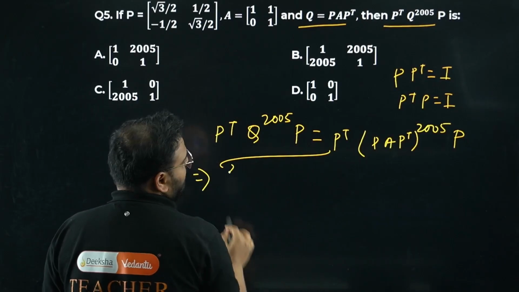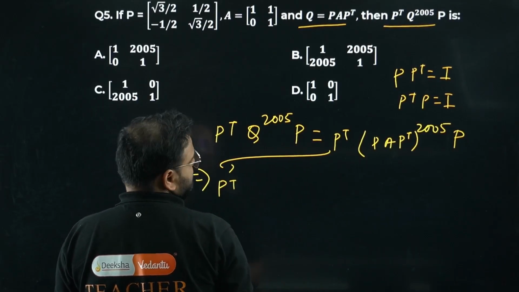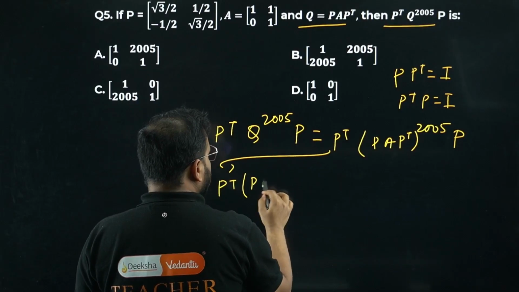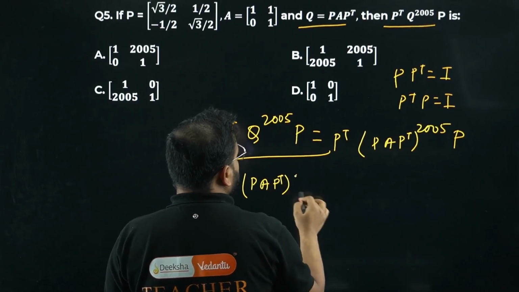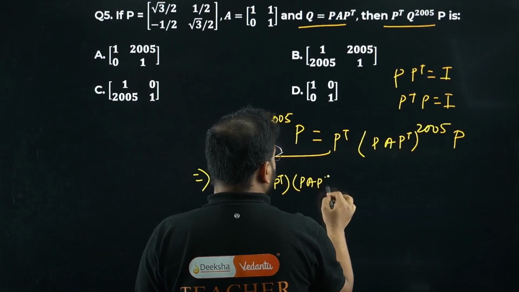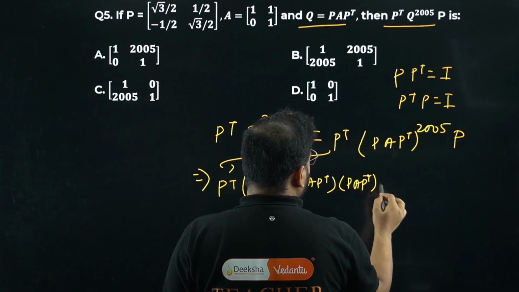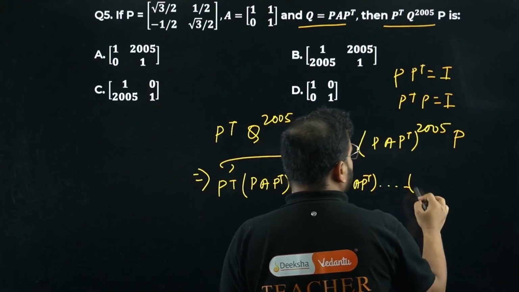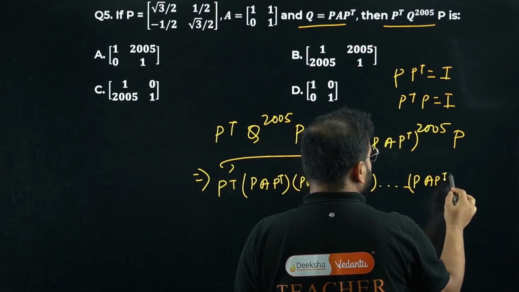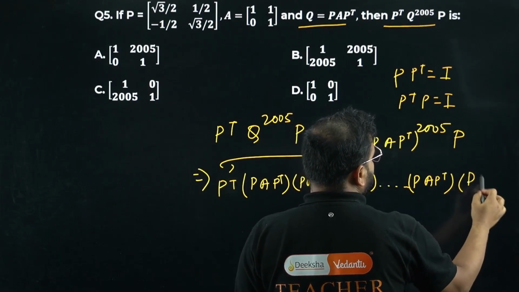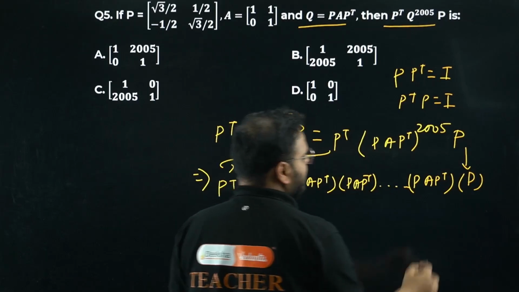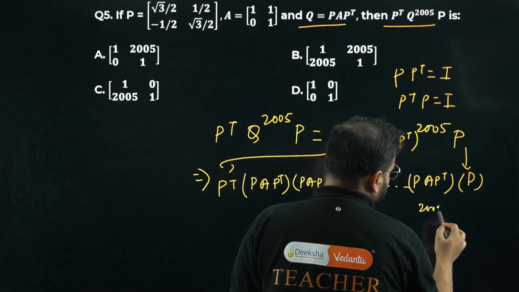It will become P transpose as it is, and I'll write here PAP transpose times PAP transpose, dot, again PAP transpose, times P. This is 2005 times.